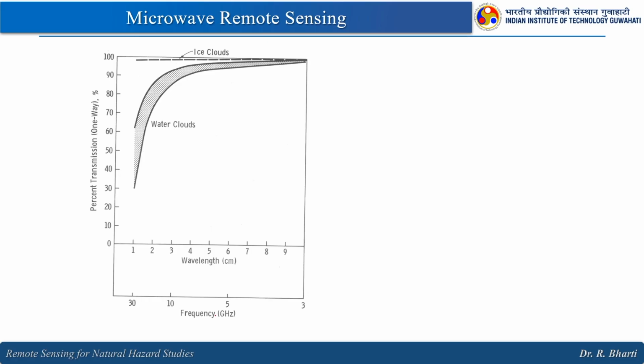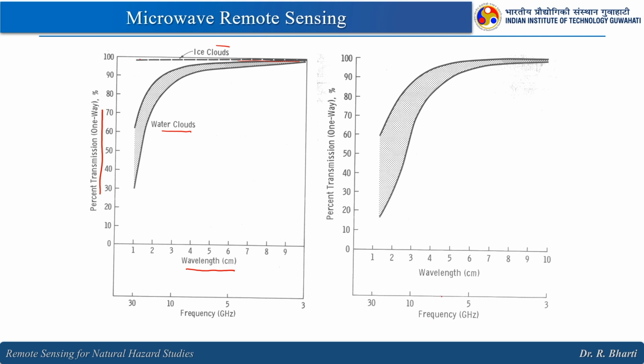If you see this particular graph, it shows the wavelength versus percent transmission one way. So, this is transmission in our atmosphere. When we have water clouds or ice clouds, the percent transmission is almost very good, right. Here you can see how it is behaving, right.